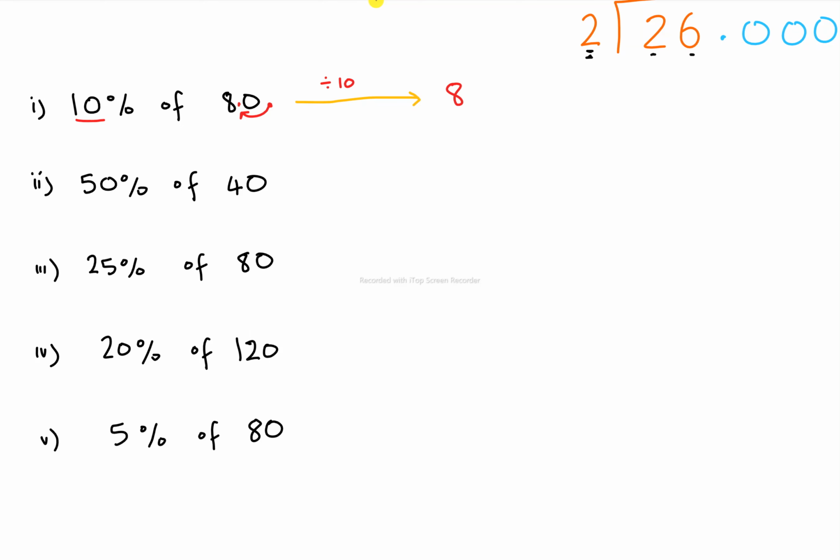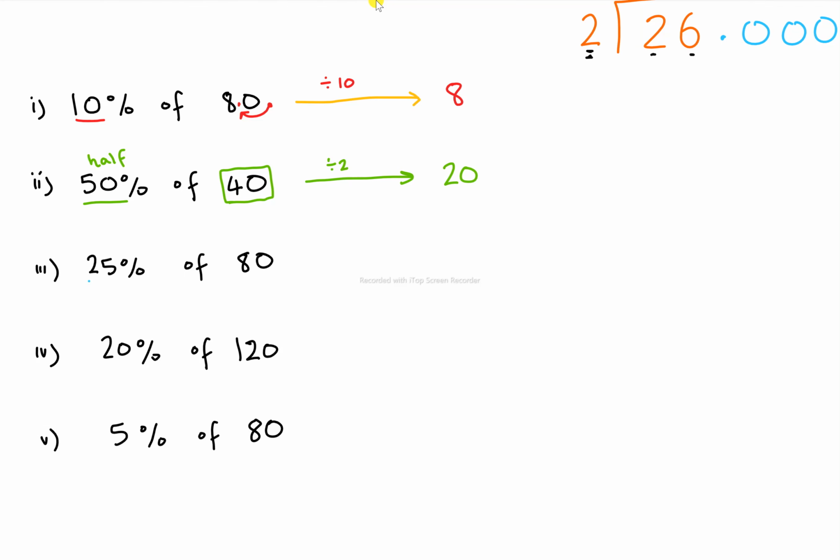Whenever I see 50%, I think of half. I'm going to halve this, yeah? So what I'm going to do is divide it by 2. So half of 40 is 20.